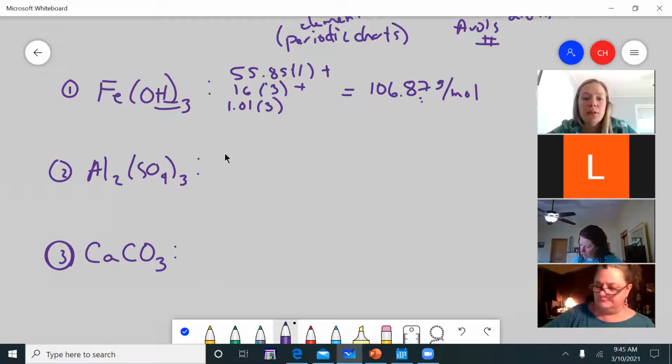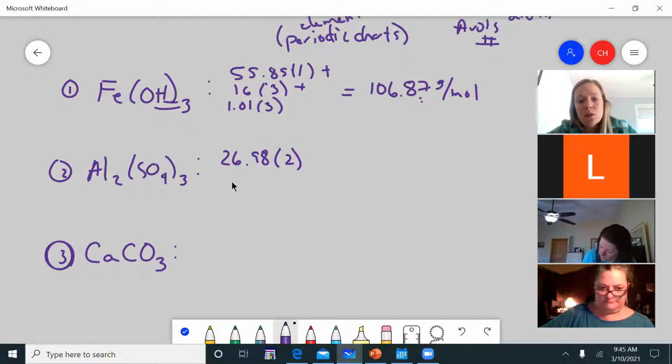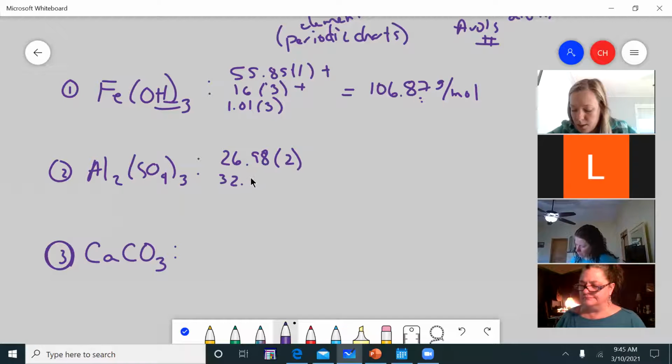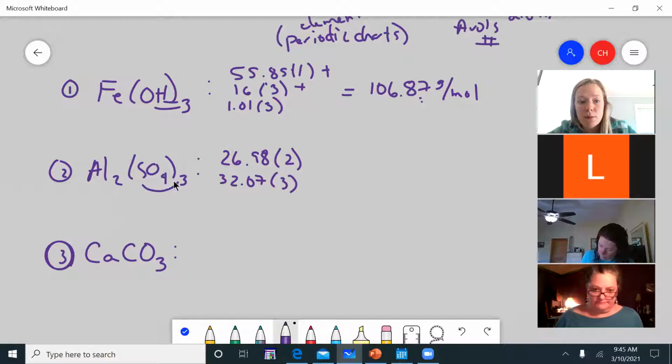So the next one, we've got aluminum, which is 26.98, and we're going to multiply that by 2. Sulfur is 32.07 times 3, because again, the 3 gets distributed to everything.